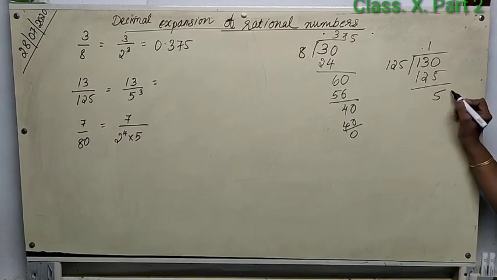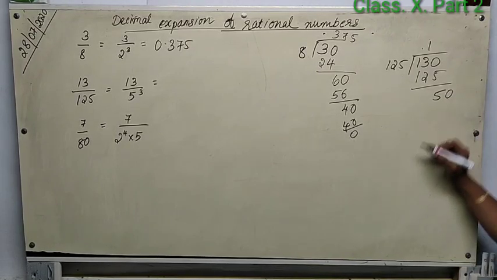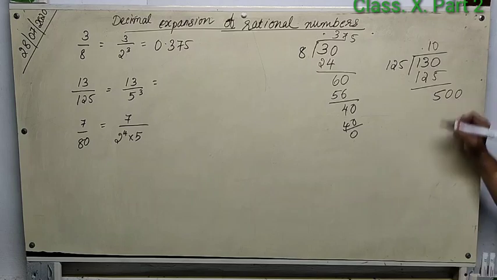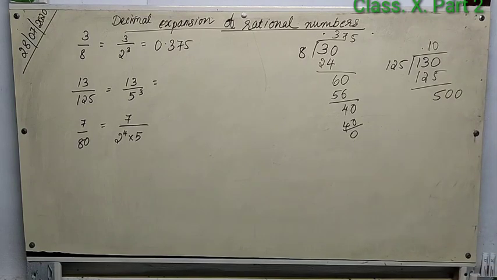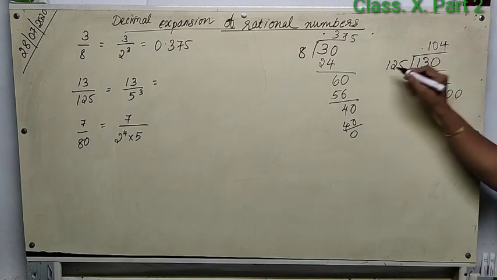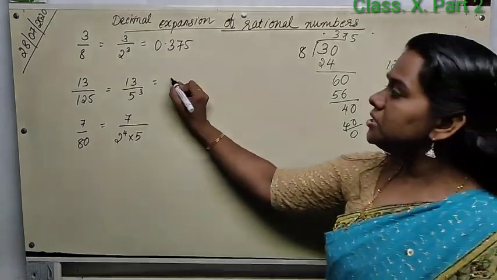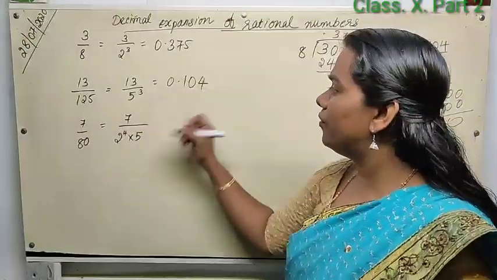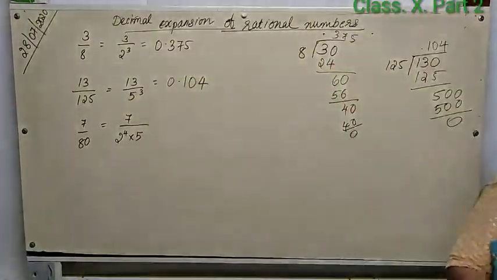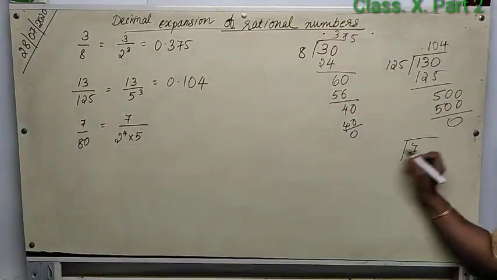In 5, we can have 50. Will it go? No, so I have to put 0 here. Then 500, 125 into 4 is 500. So what we get is 0.104.